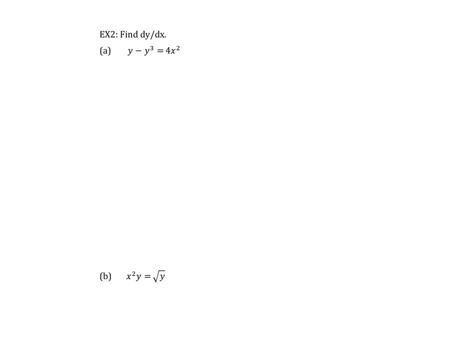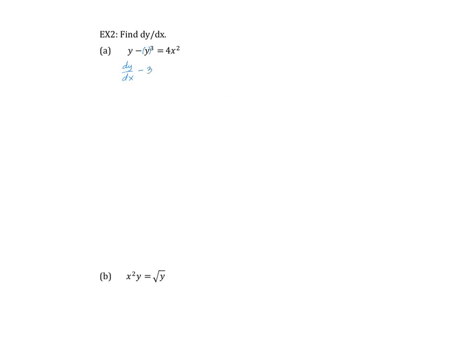So let's do some examples. If I want to find the derivative of y minus y cubed equal to 4x squared, well, I take the derivative of y, which is just dy dx, minus, but then I have to be careful with the y cubed, because we're treating y as if it were a function, the function y to the third power.